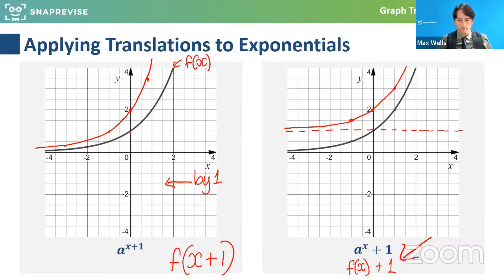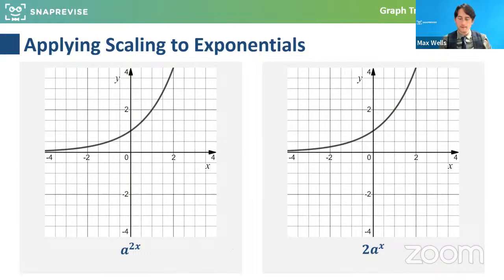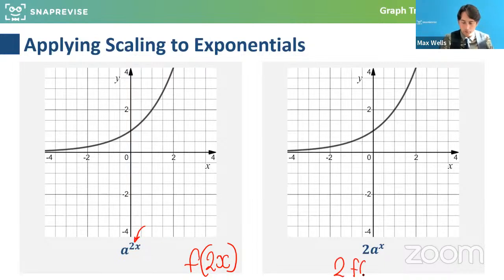So let's keep going. This one here is a scaling or stretch. Now let's think about it. This one is like f of 2x. It's inside the function, inside the exponential. Whereas this is double what the function was, so it's on the outside. Here it affects x, but instead of doubling it, we halve it, because inside the bracket you do the opposite to x.